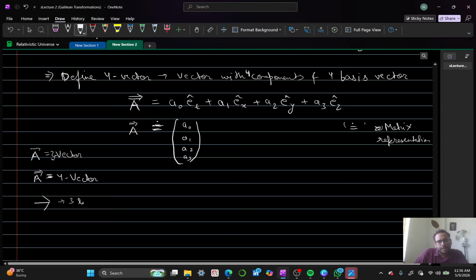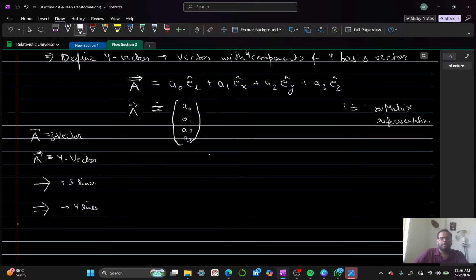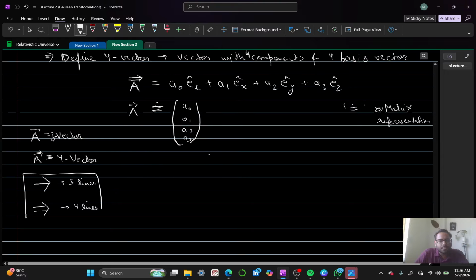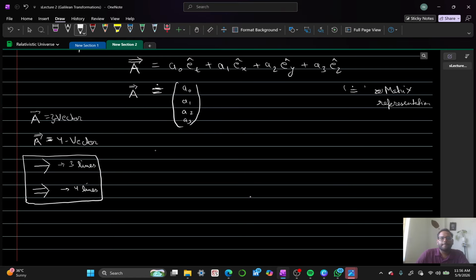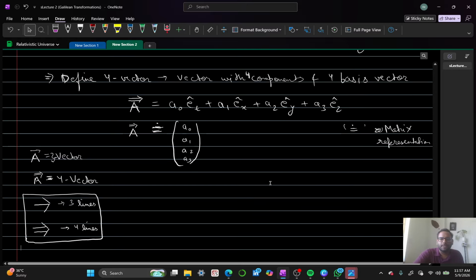But when you consider a four vector, you will need four lines, representing your four dimensions. This is what I introduced for myself, but we will have to follow the standard rules. We will come to other notations later.